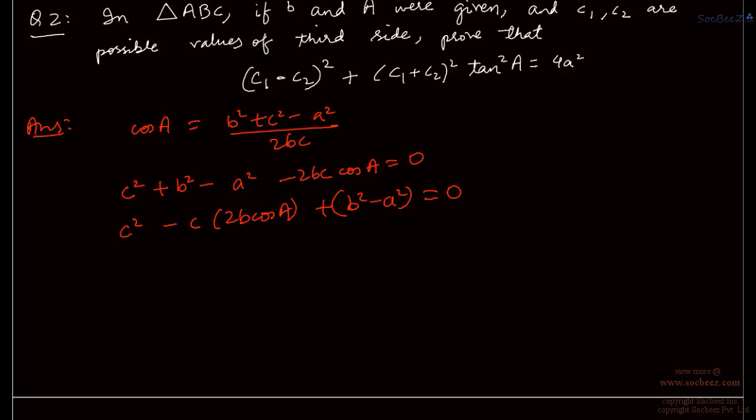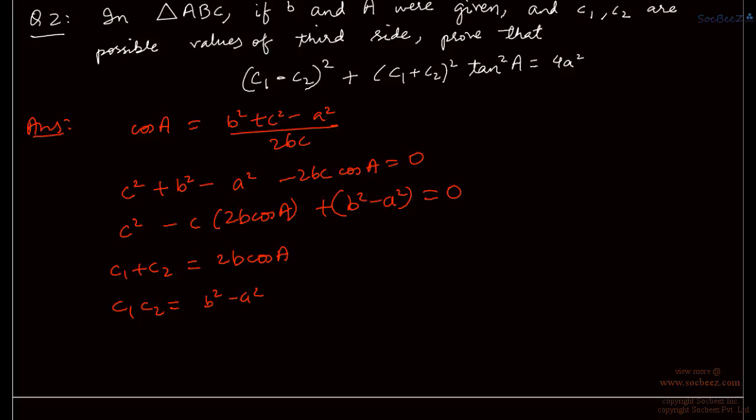Now as we know that the roots of the equation satisfy certain conditions, which are c1 plus c2 is equal to the negative of this term, hence we get 2b cos A, and c1 c2 is equal to the constant term, so we get b squared minus a squared. Fine.